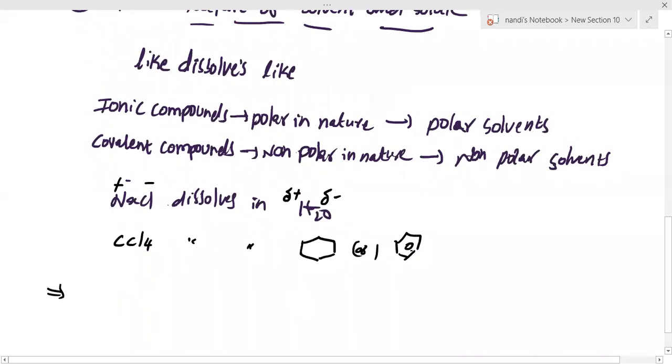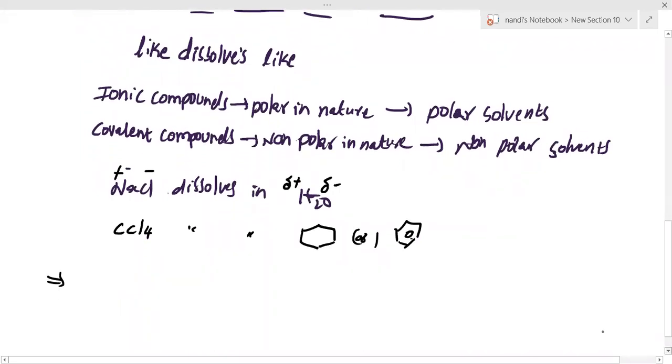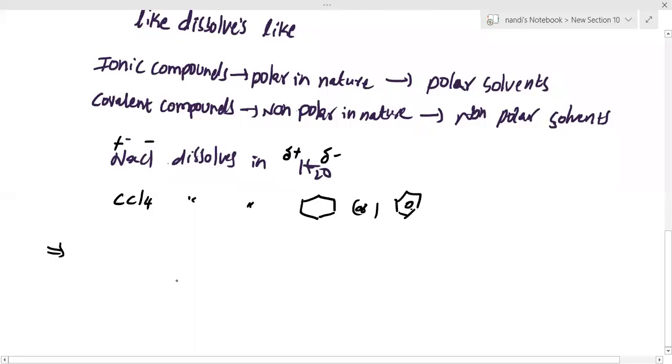But we already discussed solubility a little bit yesterday. We are talking about ionic compounds; the covalent compounds concept is over, sir. Suppose an ionic compound dissolves in water.